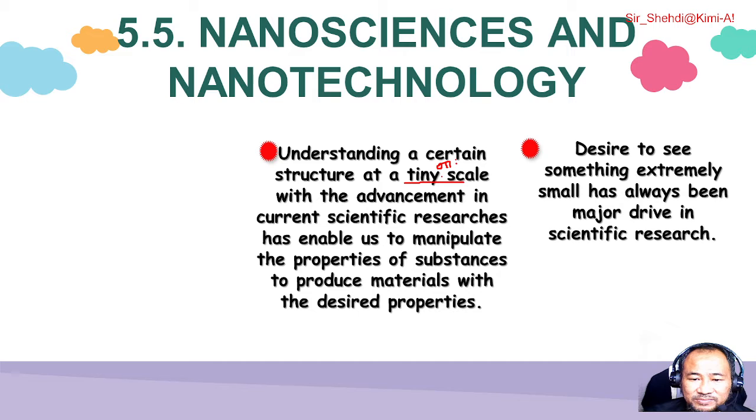With the advancement in current scientific research, it has enabled us to manipulate. Manipulate is your second keyword. Of substance to produce material with the desired properties. What we want, the desire.